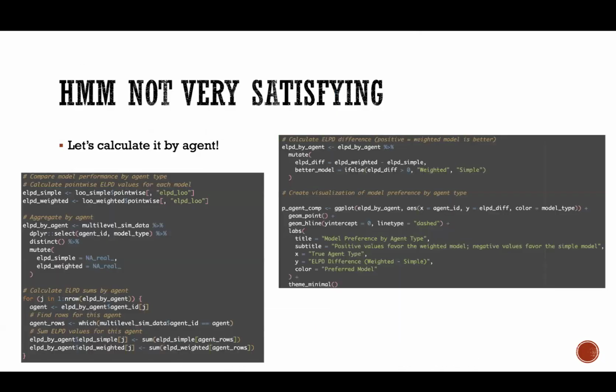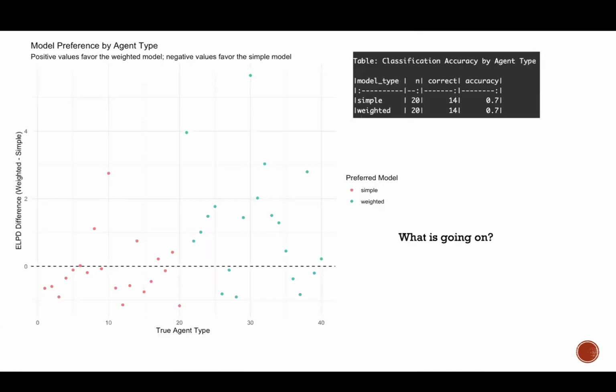So what we can do is calculate a model comparison at the agent level. Here I put the code to aggregate it by agent, and then to put it in a format that we can visualize. And here we see on the x-axis the number of the agent.